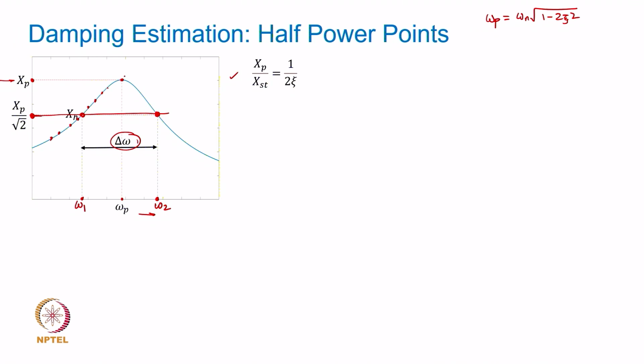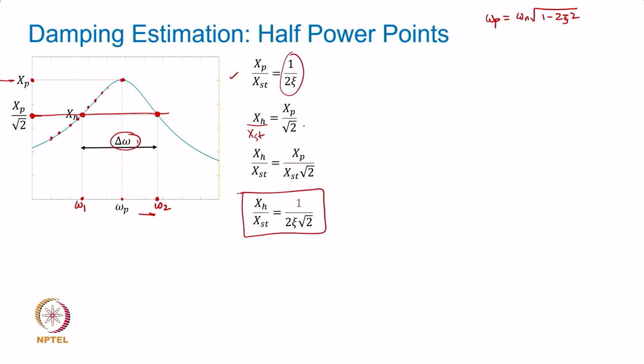That is the value that we already know. Now, if I take the half power point xh, then xh is xp over square root of 2, which means that xh upon xst is xp over xst times square root of 2. So you divide both by xst, and because xp upon xst is 1 by 2 zeta, this is the ratio that I have.